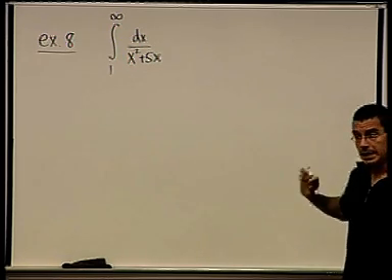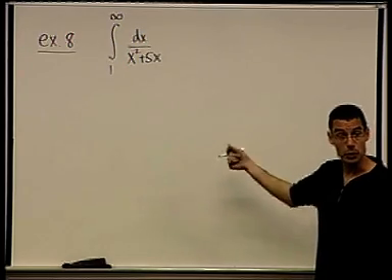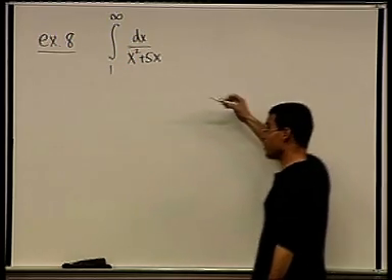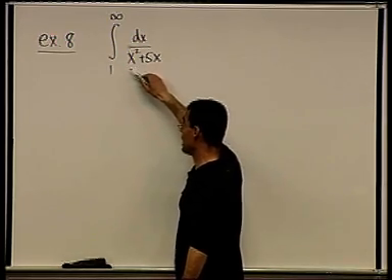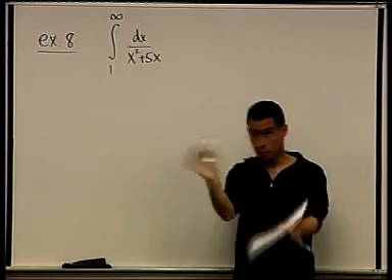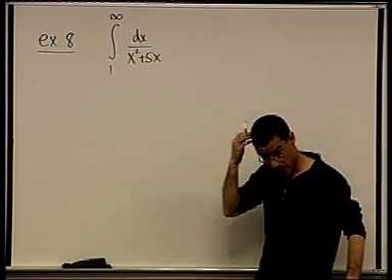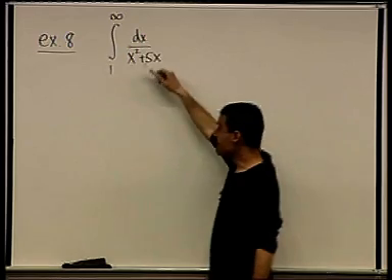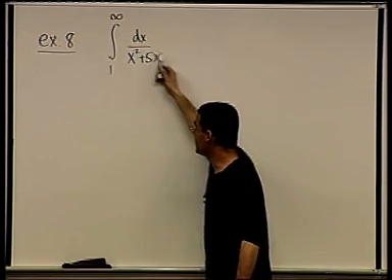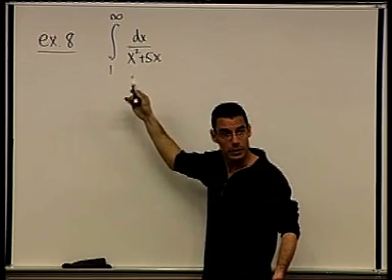Okay? Now before I actually write the formal solution, I want to tell you how I think about this. When we go towards infinity, this is only intuition. I'm not going to write this. I'm going to write the formal stuff. This is how I'm thinking. As x gets bigger, which is the dominant factor here? x squared. Do you agree?